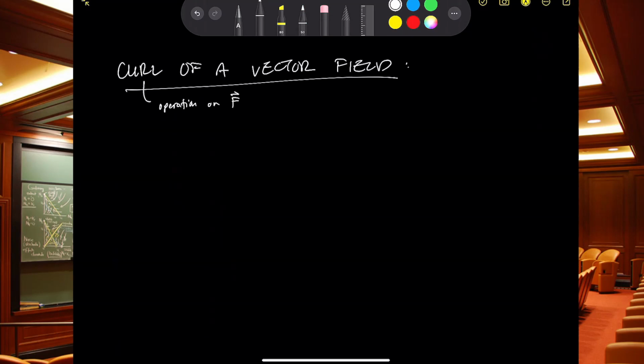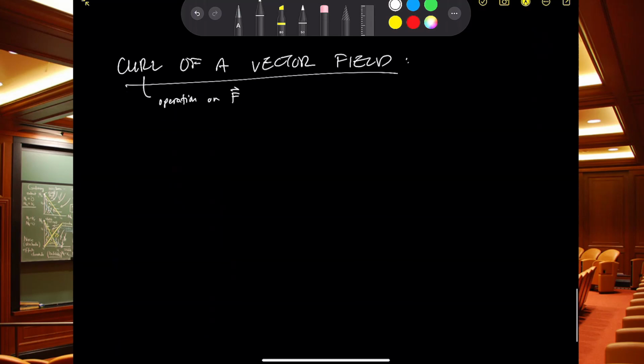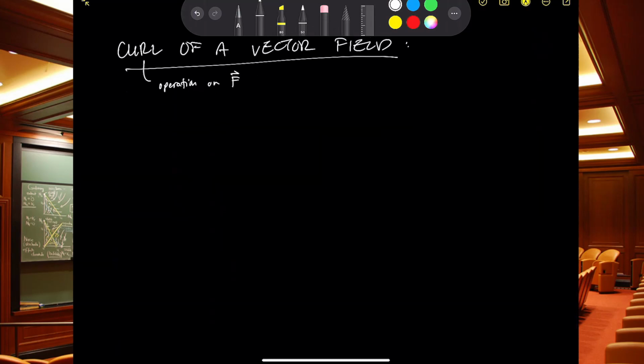Both are operations on vector fields that look a lot like differentiation, but one ends up producing another vector field, whereas the other produces a scalar field. Okay, so first with curl, let's define what this means, and then we'll talk about it more conceptually and intuitively.